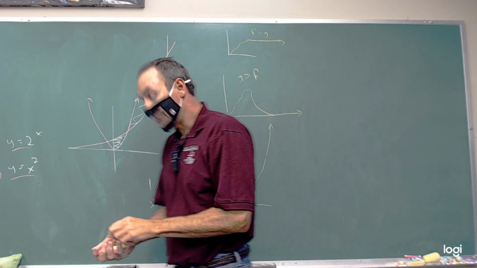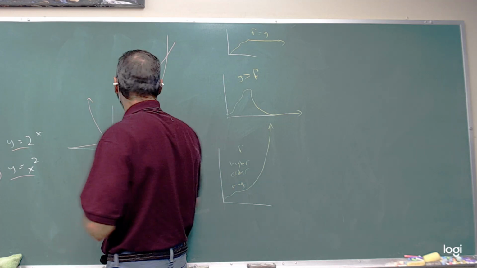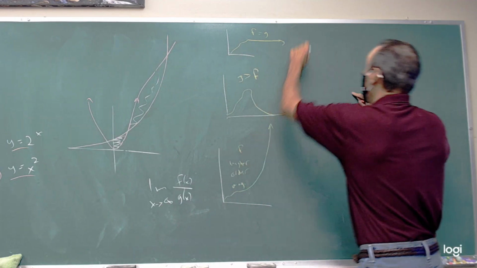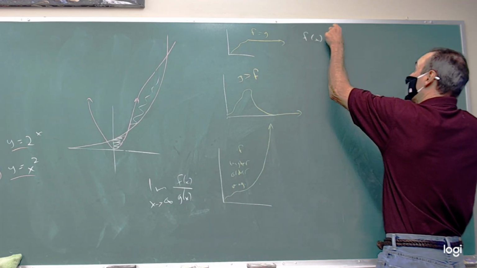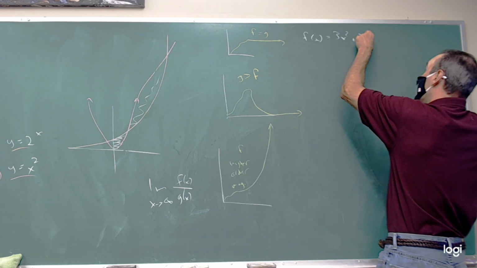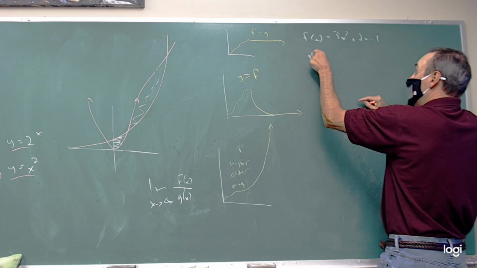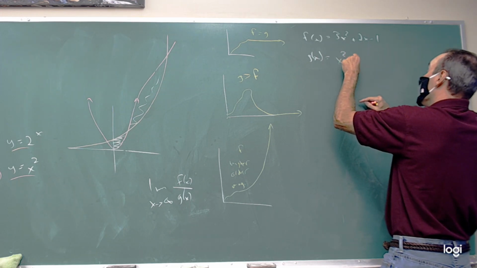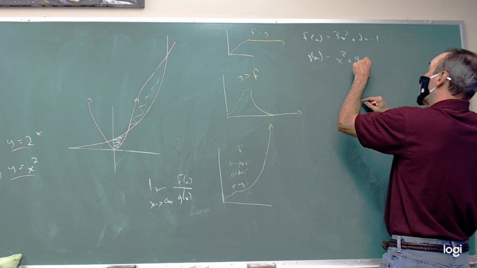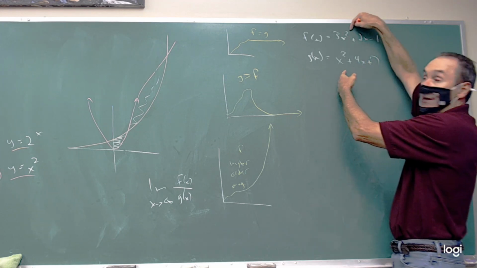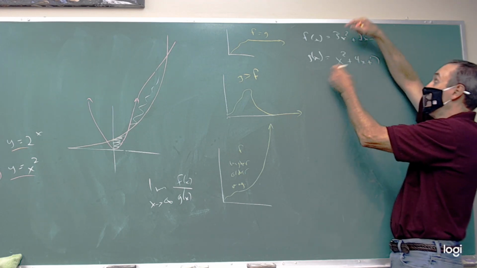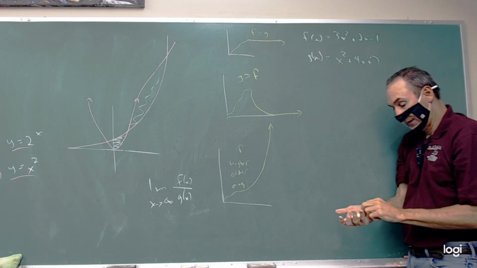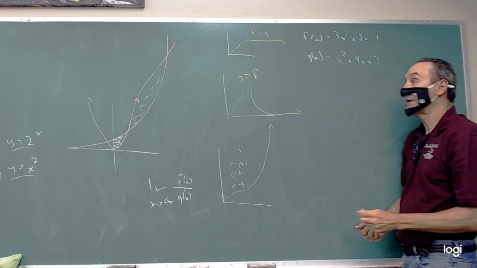So, like in a polynomial, we would see the same order of magnitude if you had something like f of x equals 3x squared plus 2x minus 1, g of x equals x squared plus 4x plus 7. Same power of x. So as x gets really, really big, anything that's not an x squared becomes irrelevant.